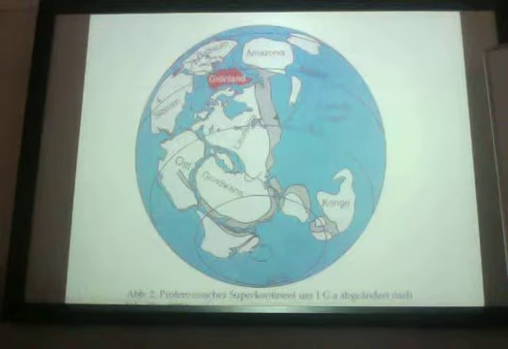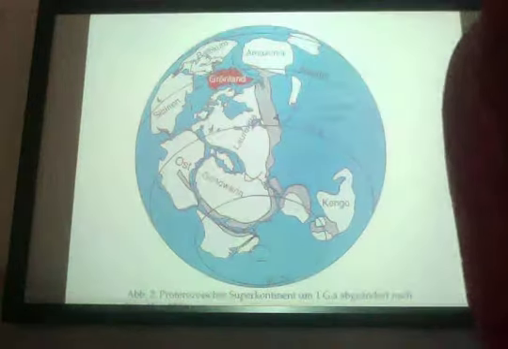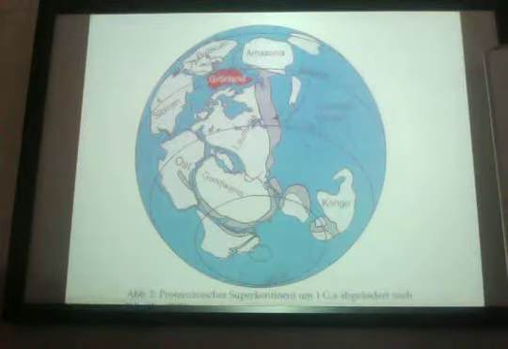So if the landmass is together, like here during the formation of supercontinent Rodinia, then it is much colder. It is not only a little bit colder, it is very, very cold. Do you have an idea why this is?